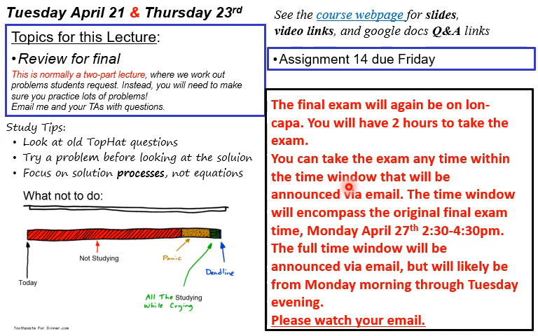So the time window is likely going to be from Monday morning to Tuesday evening, but I can guarantee you that it will encompass this 2:30 to 4:30 time. And an email announcement is going to go out soon on when the actual exam time will be. I'm recording this the weekend before this lecture, so we haven't quite decided yet. So please do watch your email.